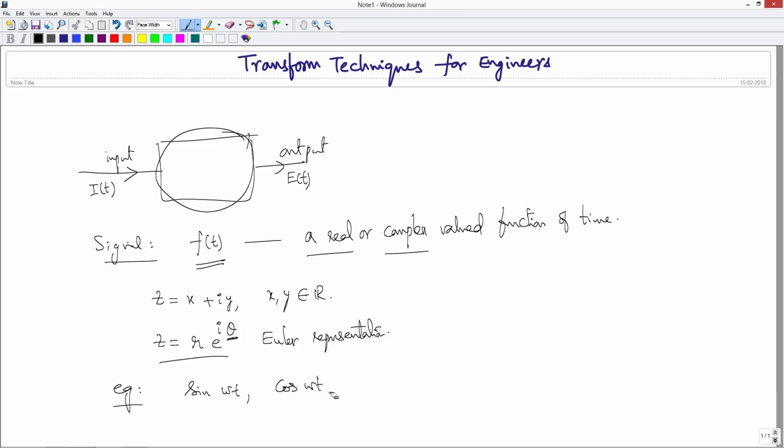Omega is the frequency. These are the fundamental signals. You want to represent a general signal, or general function f of t, in terms of these fundamental signals.